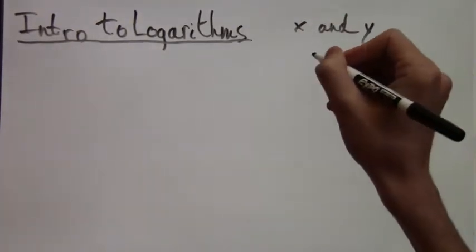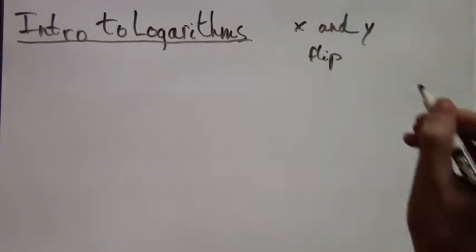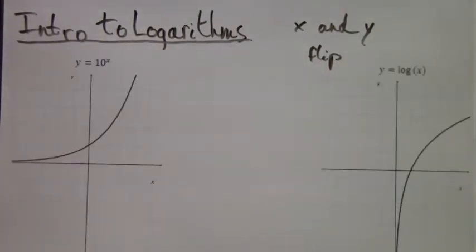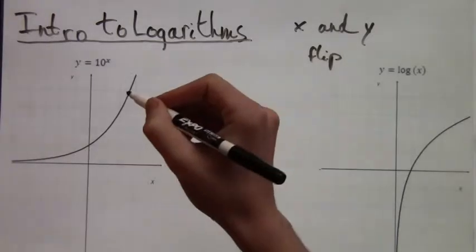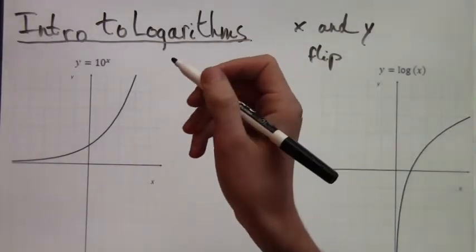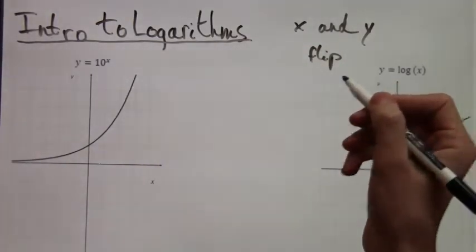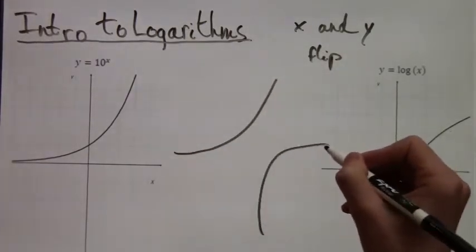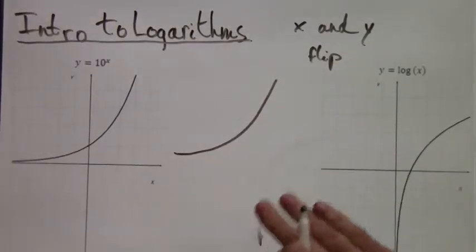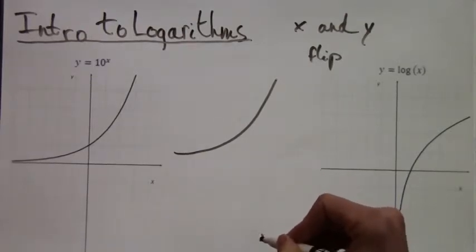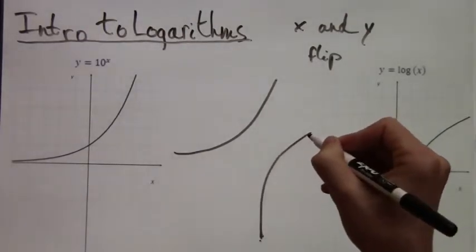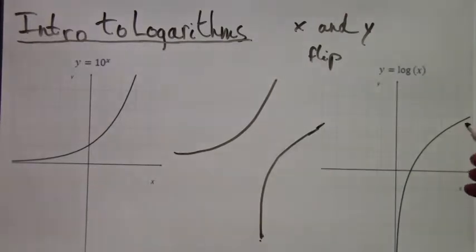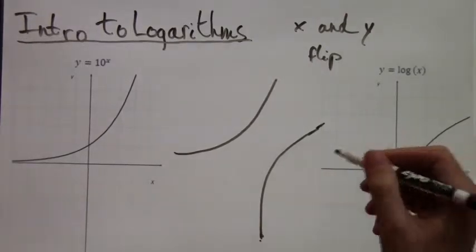In a sense, the logarithm is flipping the x and the y in an exponent function, and I'll show more what this means with these graphs. So on one side we have the graph of y equals 10 to the x, and on the other we have y equals log x. And in the middle here, I'm sketching their overall shape next to each other, as if they were on one graph.